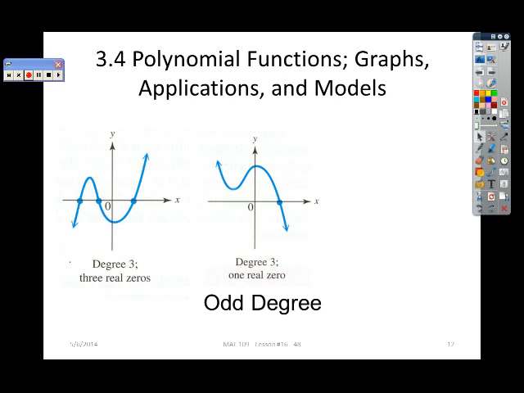It has to be because it's an odd degree. Here is a fifth degree, but there are only three real ones. Two of them are imaginary. Again, it has to occur in pairs. So there will always be an odd number of real zeros when you have an odd degree function. Always an odd number of real zeros.